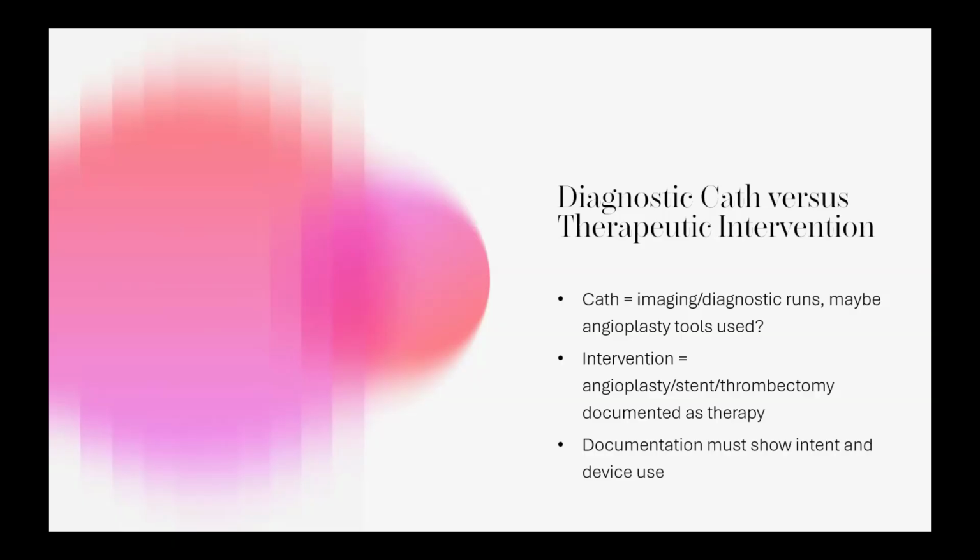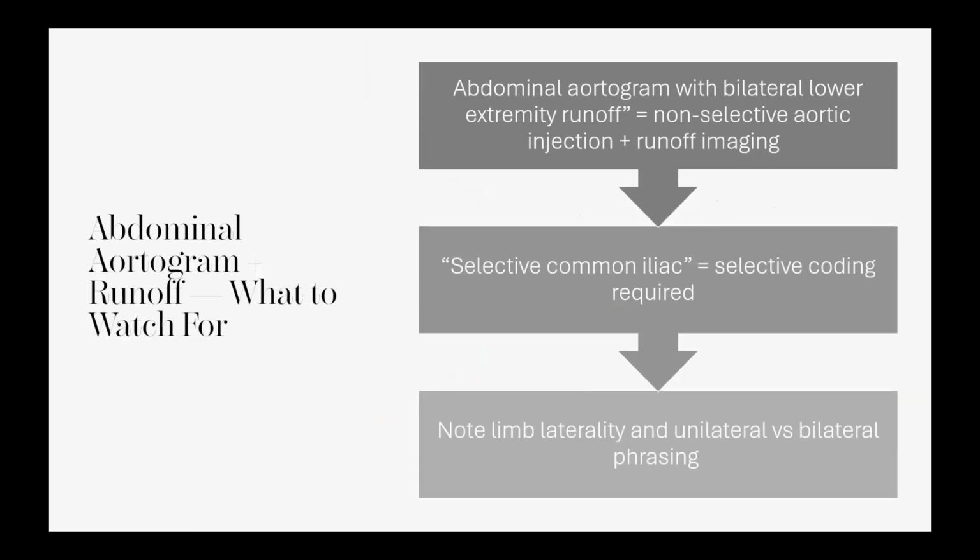Minimal crossing over. Sometimes you get a diagnostic cath plus angioplasty attempted, then you code both appropriately per guidance. When you see abdominal aortogram with runoff, think non-selective aortic injection with imaging that follows contrast into the legs.